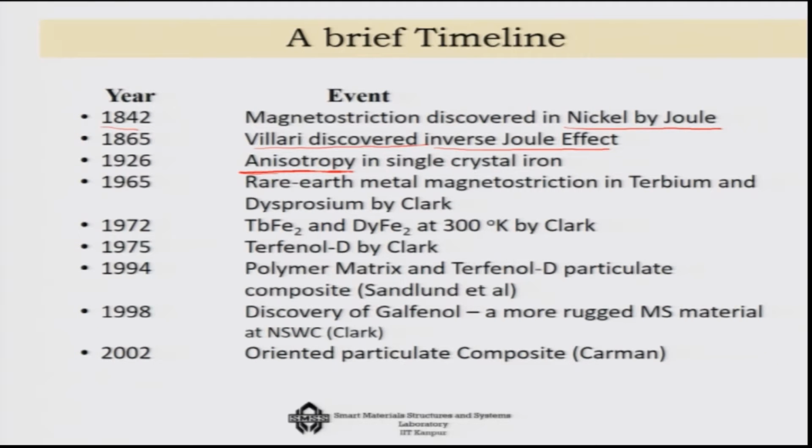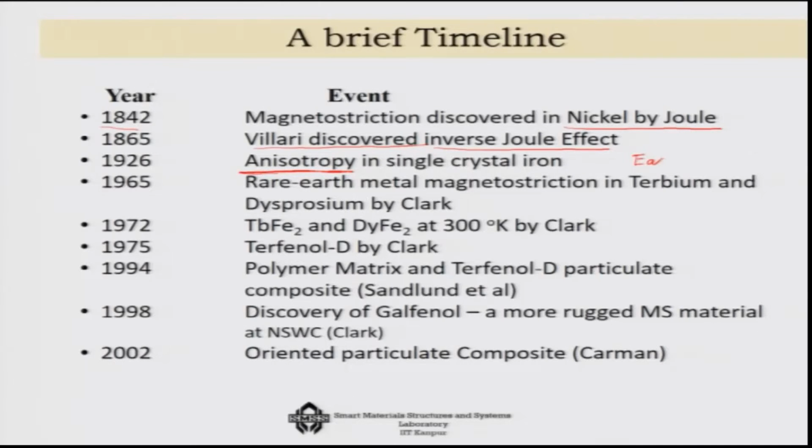So, it is not that in every direction you will see an equal amount of expansion. There are certain directions, for example, we call them the easy axis. Along the easy axis, you will see that maximum deformation takes place, or maximum change of length takes place, and in other directions it is less. So, there is an anisotropy. That was discovered by people.